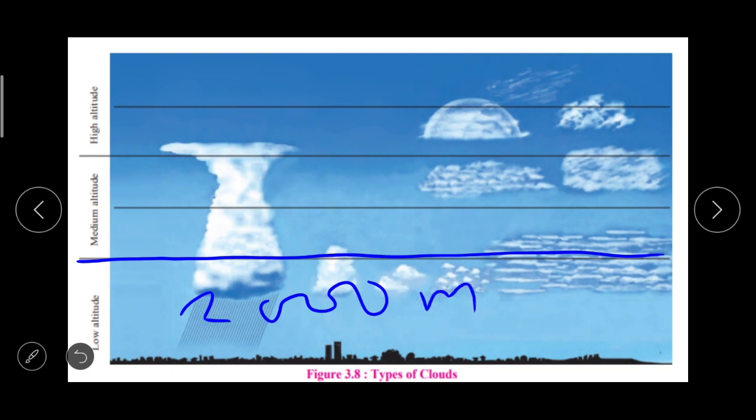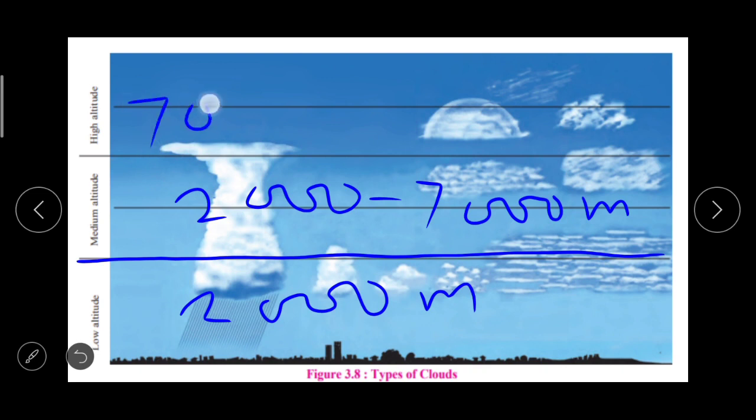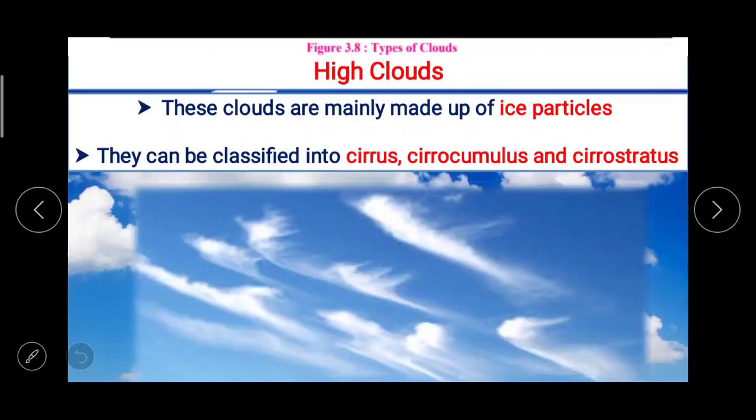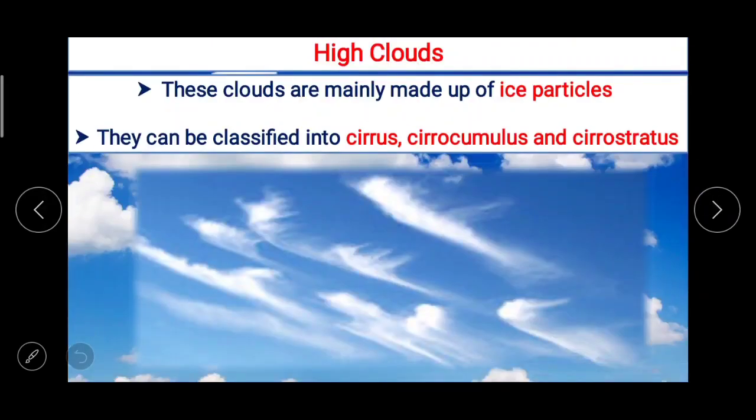Medium altitude, that is around 2,000 to 7,000 meter, and high altitude, that is 7,000 to 14,000 meter. Low altitude, medium altitude, high altitude, that is high clouds, medium clouds and low clouds. Now the first thing, high clouds.